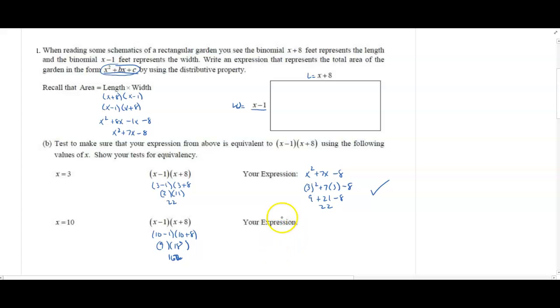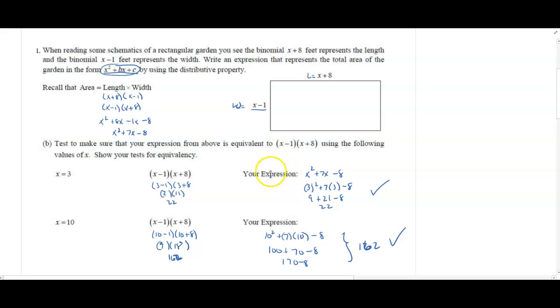So if we were to take our expression and plug 10 in, 10 squared plus 7 times 10 minus 8, that's going to give you 100 plus 70 minus 8. And 170 minus 8 gives me 162. That checks out.